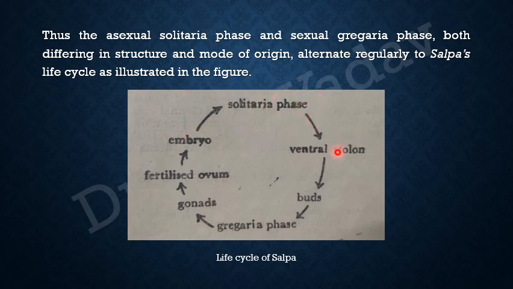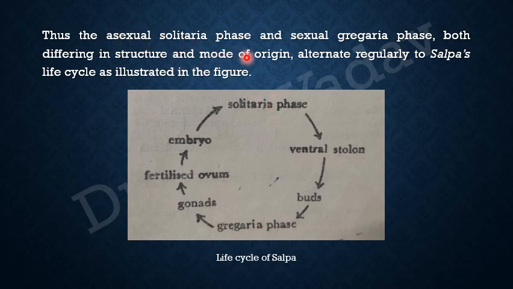In the ventral stolon the buds are formed, and these buds separate to form individuals which are of the gregaria phase, and this is the sexual phase, which is having the gonads. The gonads are ovum and testes, and the fertilized ovum gives rise to the embryo, and this embryo again forms the solitaria phase.